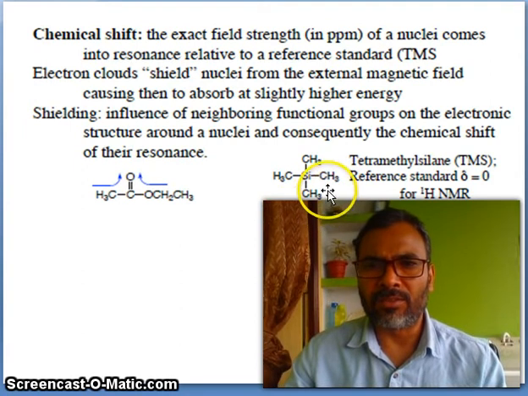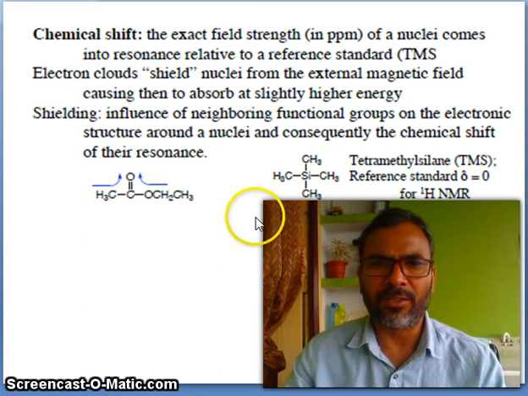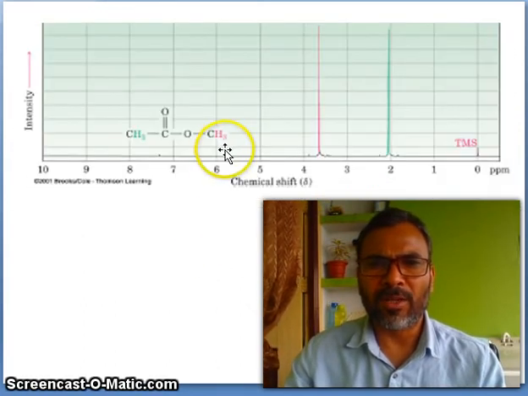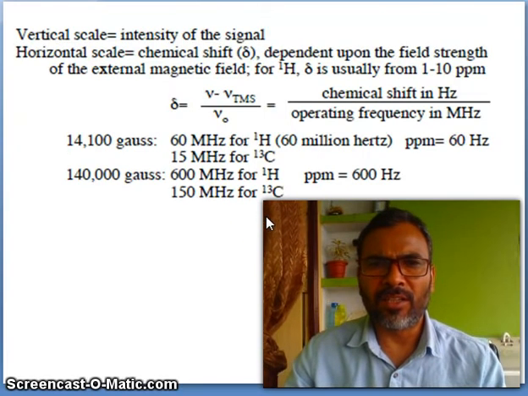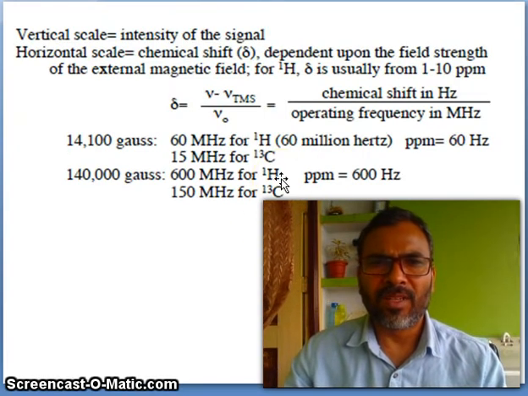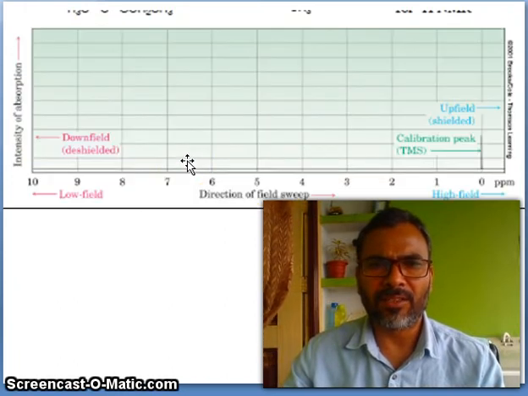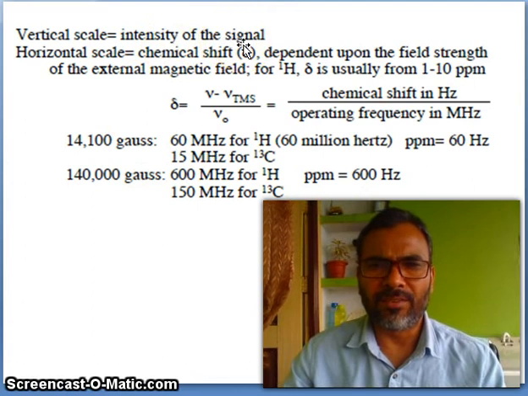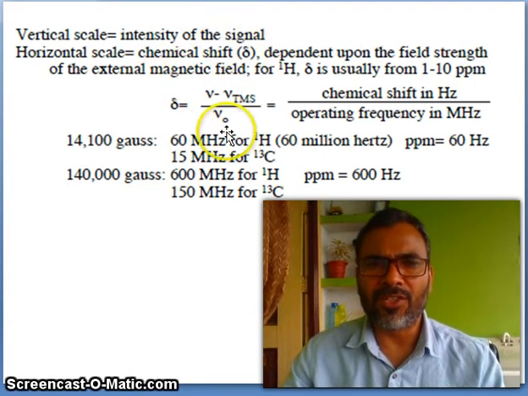16 hydrogens, 12 hydrogens, 6, 9 and 12 hydrogens. So I talked about the methyl acetate spectra. Now I am going to talk about the vertical scale, that is the intensity of the signal, and the horizontal scale, chemical shift.